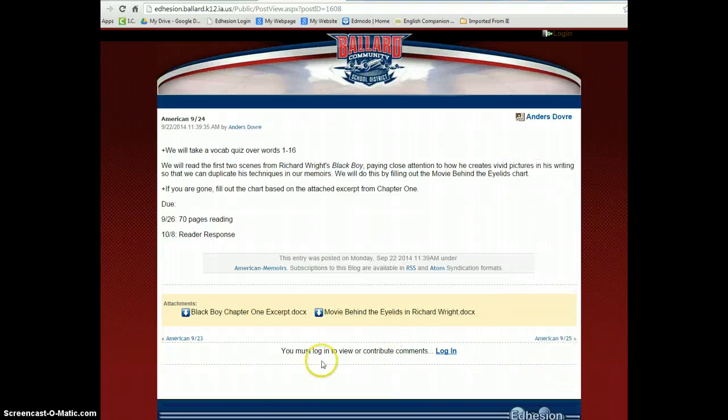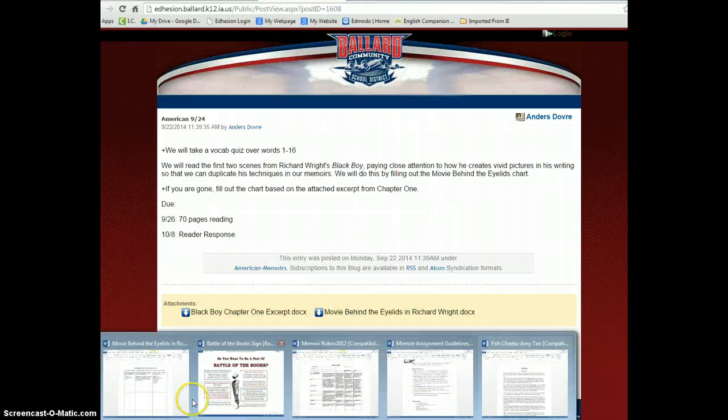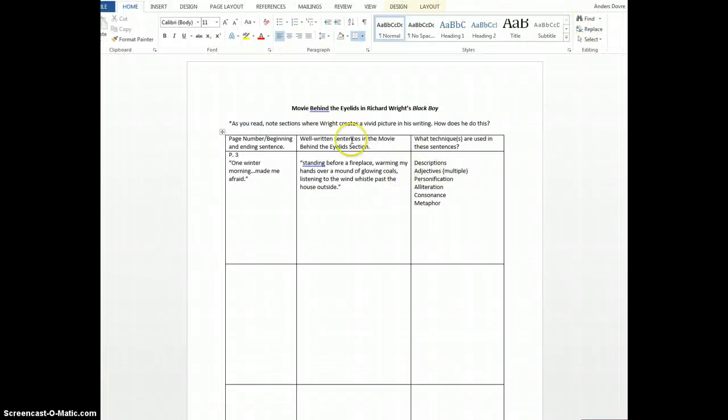What we did is we kept a little chart like this as we read this excerpt, and we talked about the techniques he's using to create this movie behind our eyelids, this very descriptive writing.